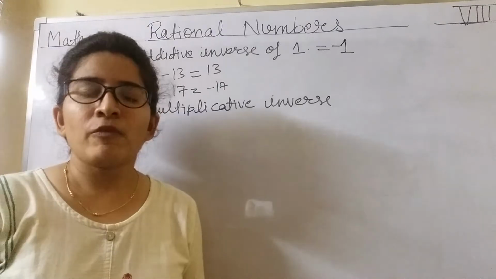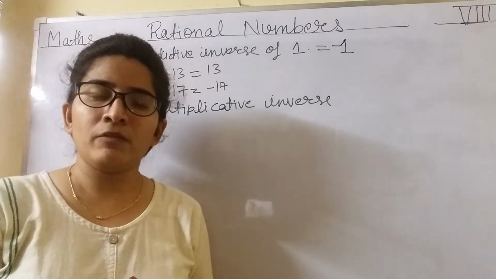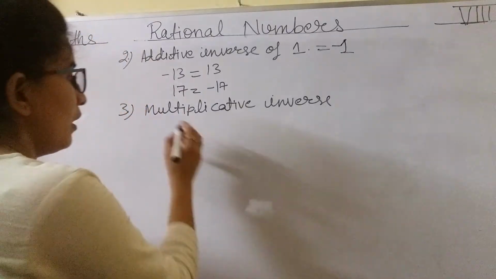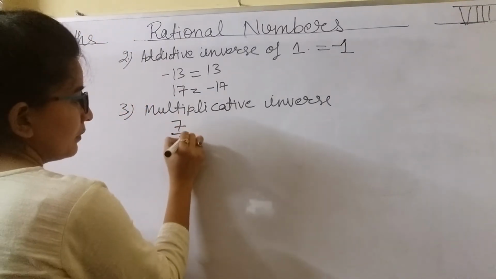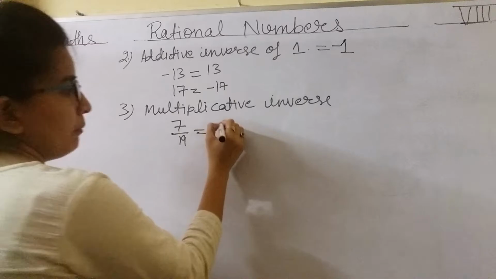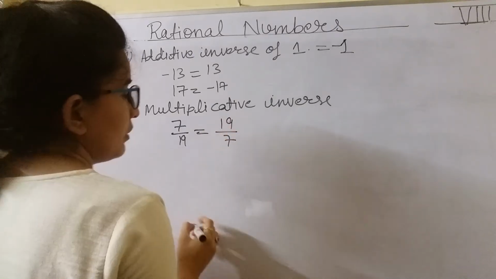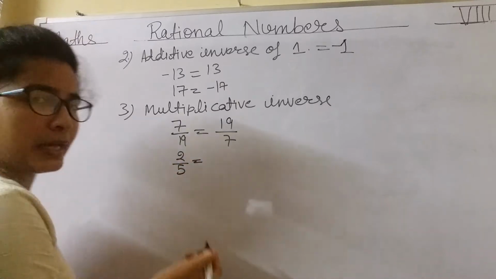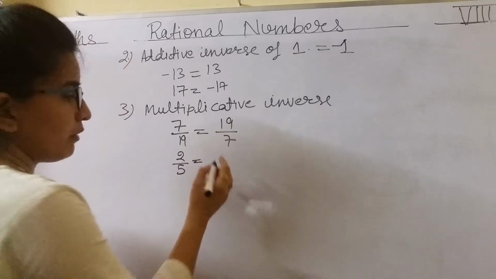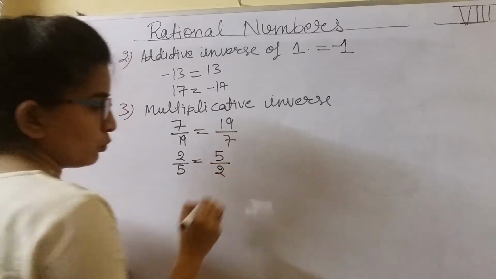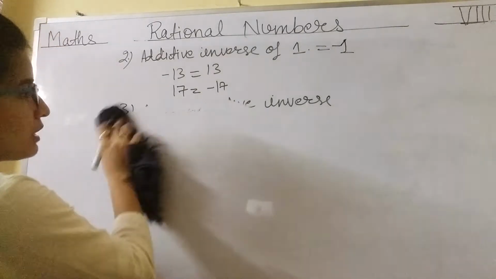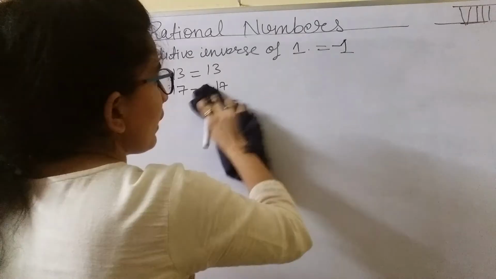The multiplicative inverse of any number is the reciprocal of that number. Like for 7 upon 19, the multiplicative inverse will be 19 upon 7. For 2 upon 5, the multiplicative inverse will be 5 upon 2. So the multiplicative inverse will be the reciprocal of any number.